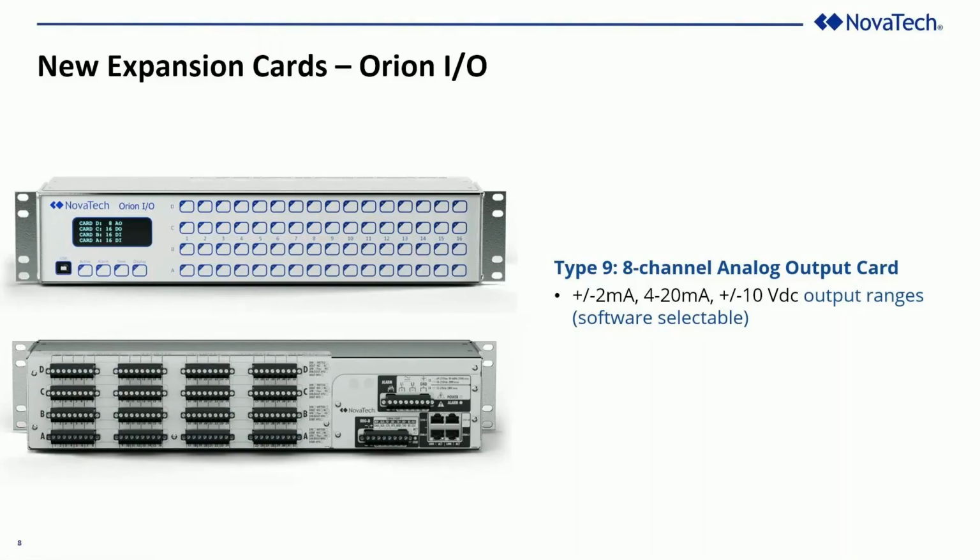This kind of extends the Orion I/O portfolio to include a full suite of the D20 retrofits. So now we can replace things like the generator controllers by using the analog output card, I think, pretty much everything that the D20 has to offer.